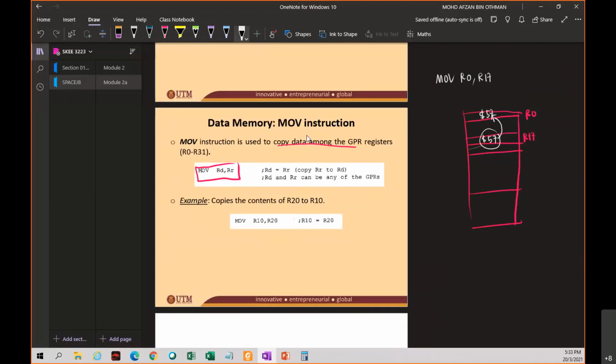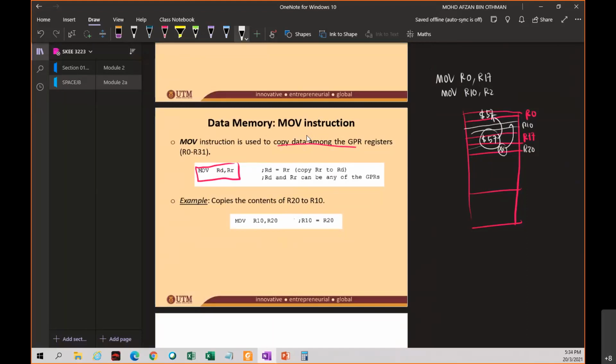Okay, another example. Copy the content of R20 to R10. Okay, so this is R20 for example. Ada XX value. You're going to copy it to R10. So how to do that? Okay, just simply use the MOV. Okay, what is the destination? R10. What is the source?